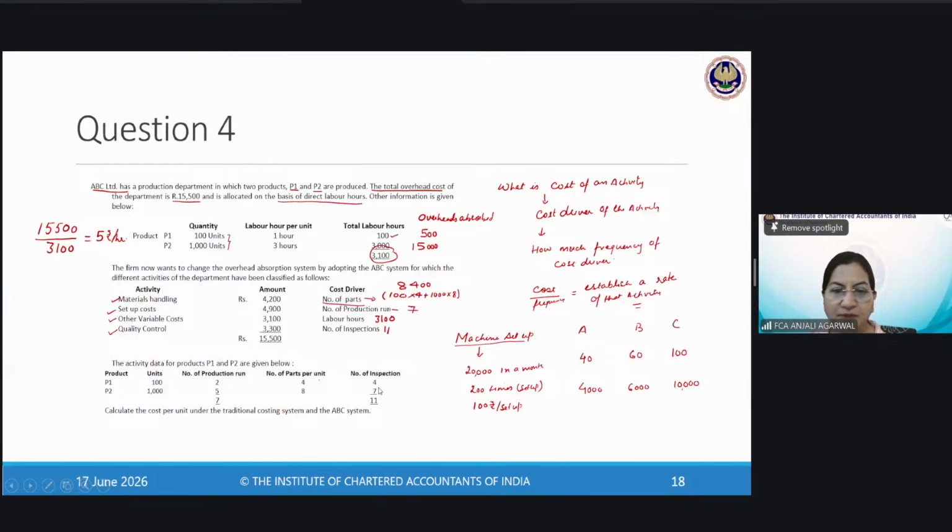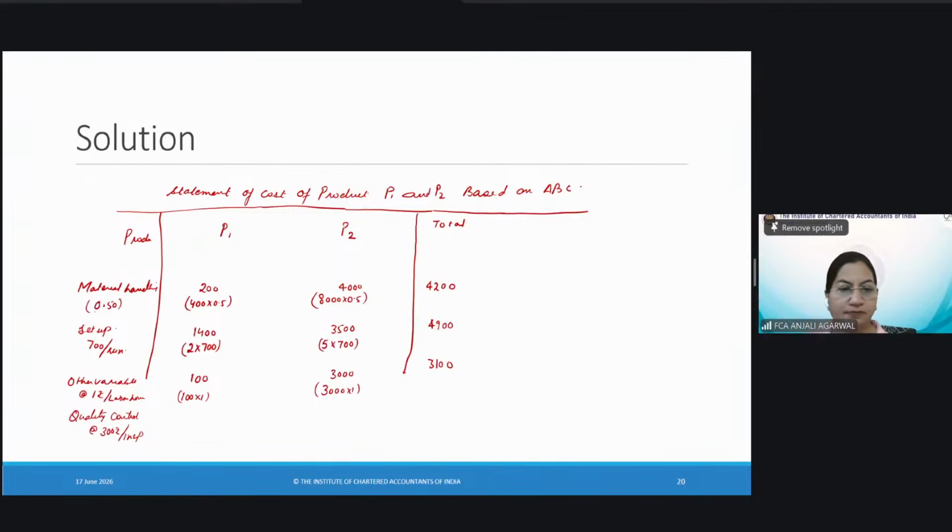Now, how many times was inspection done for P1 and P2? 4 and 7. 4 into 300 and 7 into 300. 4 into 300, 1,200 and 7 into 300, 2,100. So the total cost is 3,300.